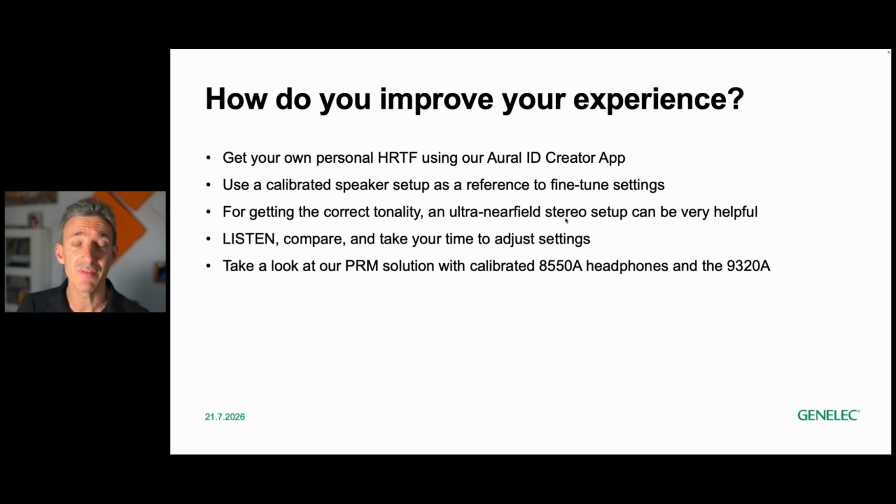And then the 8550s, which are calibrated at our factory. So you can just enter the serial in GLM, and then the 9320 will get a precise additional EQ curve that is exactly the perfect match for the frequency response of your specific 8550.